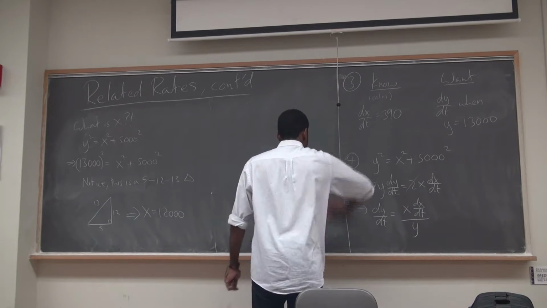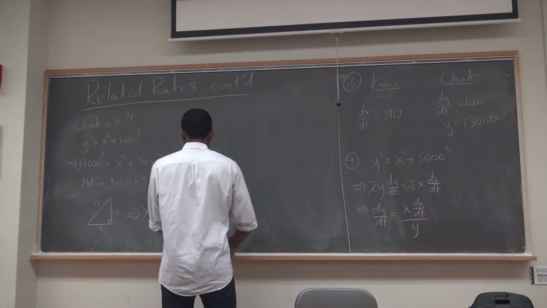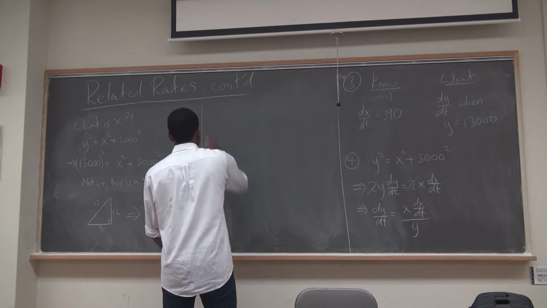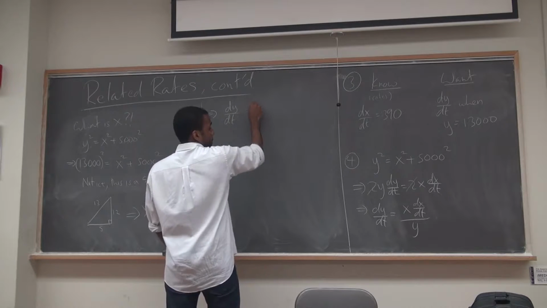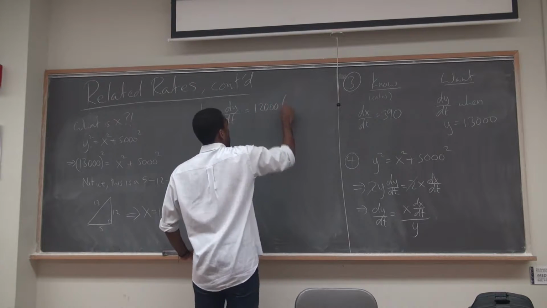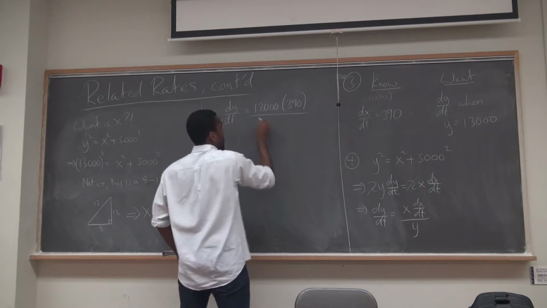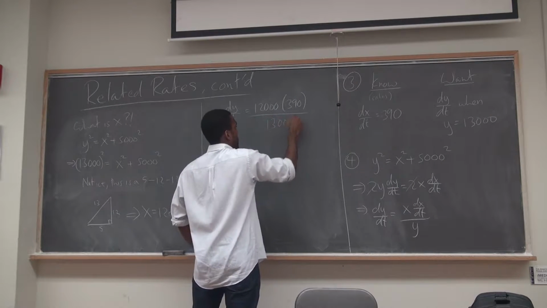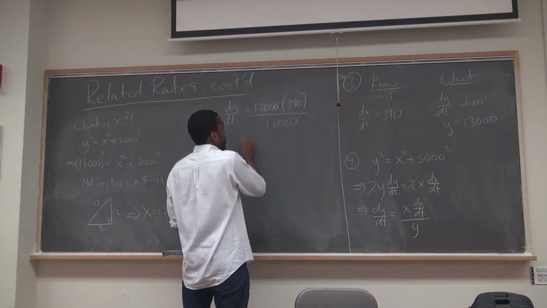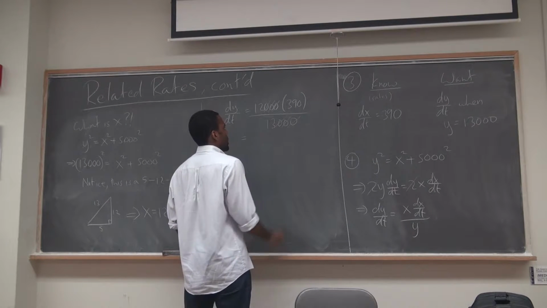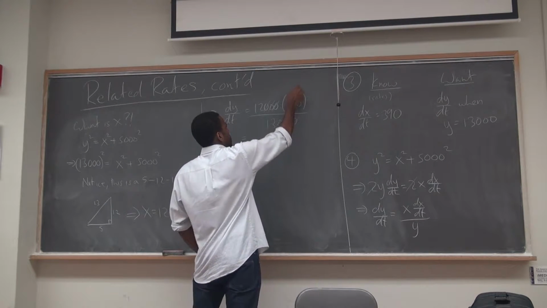Now, dy/dt is equal to 12,000 times 390 over 13,000, or 12 times 390 over 13. So you cancel the 1,000 each. 13 goes into 39 three times, so that's 30.